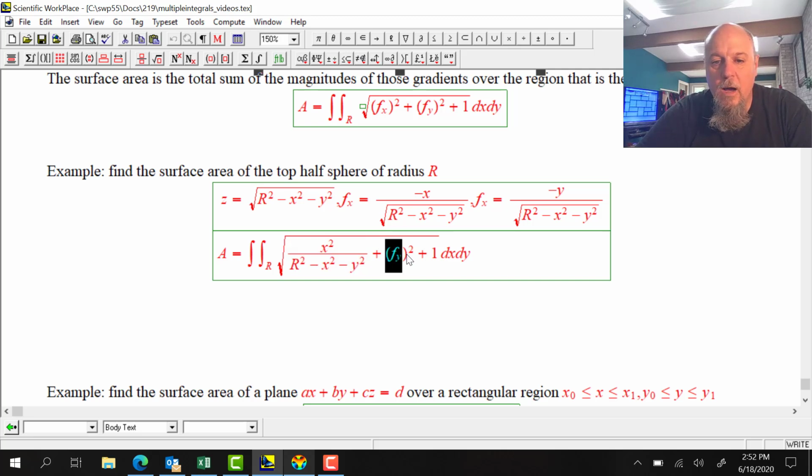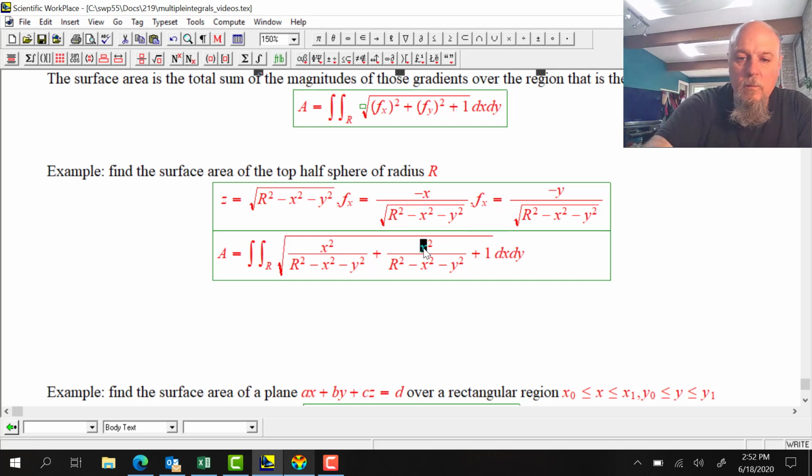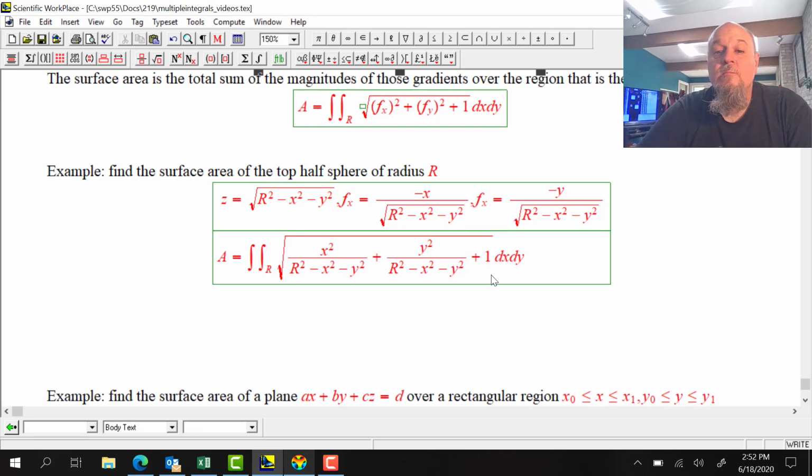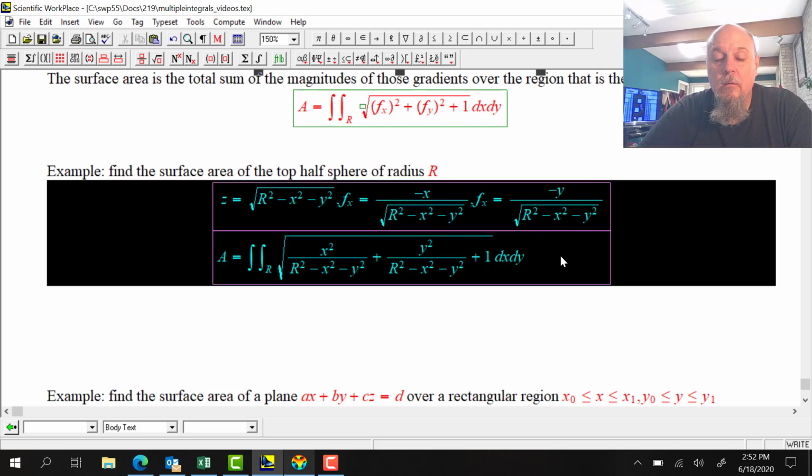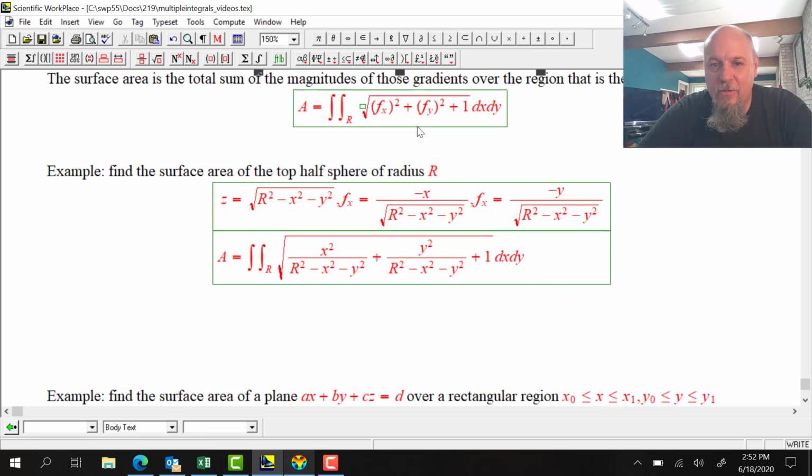Likewise, when you do it with the y. Okay, so now that those pieces are plugged in, dx dy, let's get our radius here.